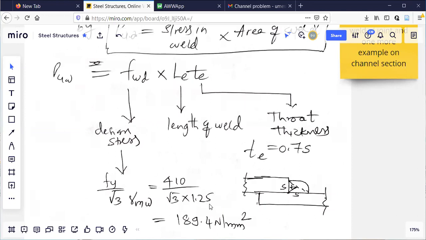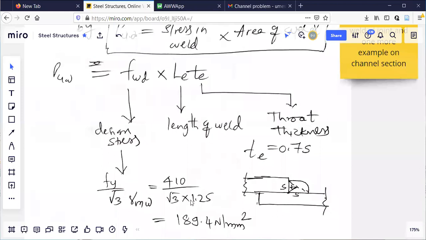If the welding is done at the site, it will be 1.5, because the workmanship and perfection achieved in the shop is better than at the site.